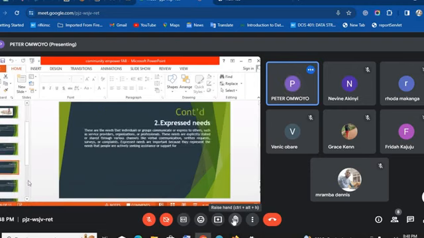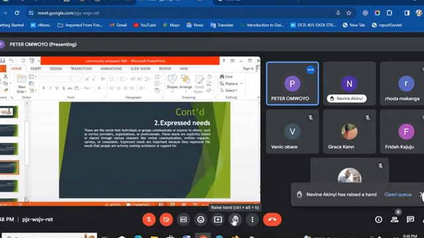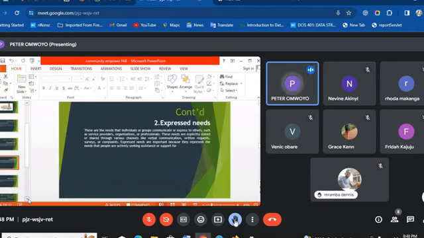Another one? Yes, Nevin? We have the communicated needs. Yeah, these are the needs which are expressed by members of the community, and we refer to them as the expressed needs. And then from there, we have another type of need.